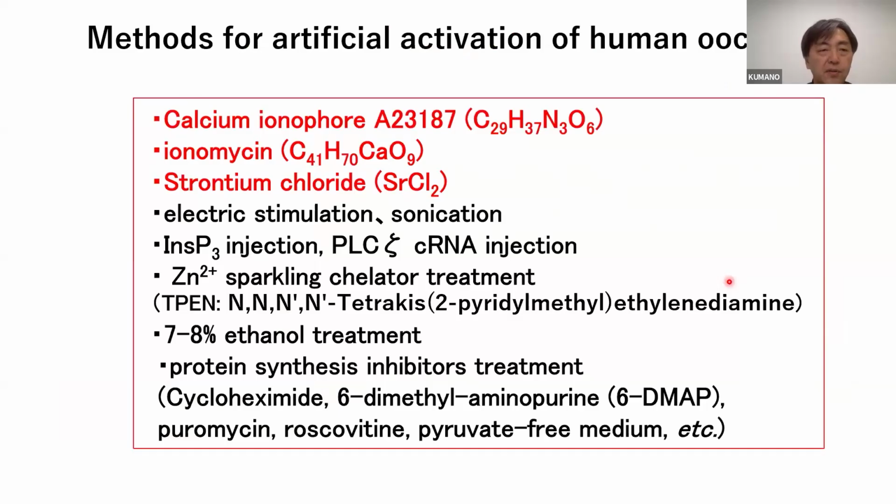This slide shows a number of methods to artificially activate not only human but also other animal oocytes. The upper three methods shown in red, calcium ionophore A23187, ionomycin, and strontium chloride, are available in human ART in Japan.